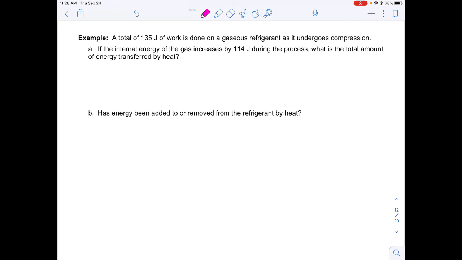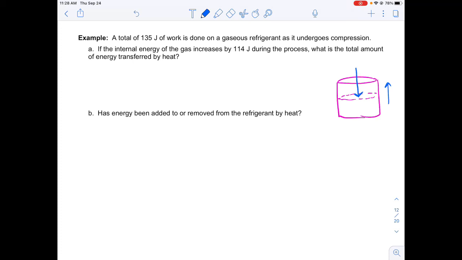Let's do an example. A total of 135 joules of work is done on a gaseous refrigerant as it undergoes compression. So one of the things we're going to learn about is that for a refrigerator to work, this again is coming later, but there's a compressor, a cylinder, and the gas is compressed rapidly, and it's also expanded rapidly, and we do that to manage heat.